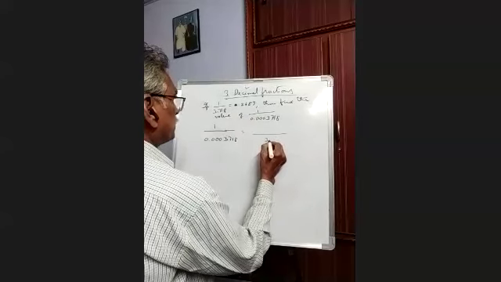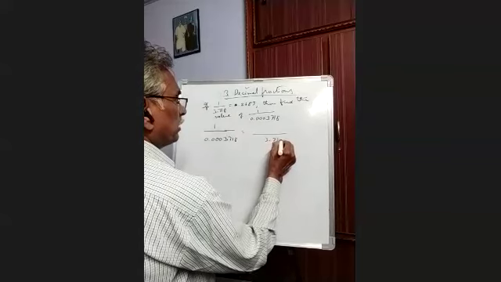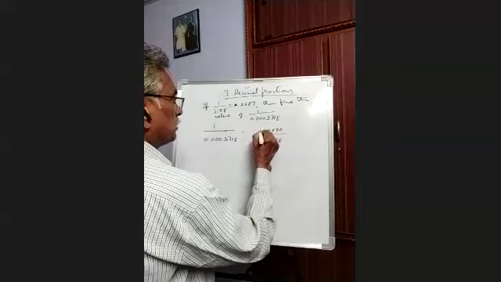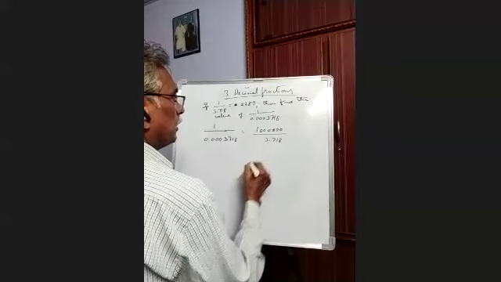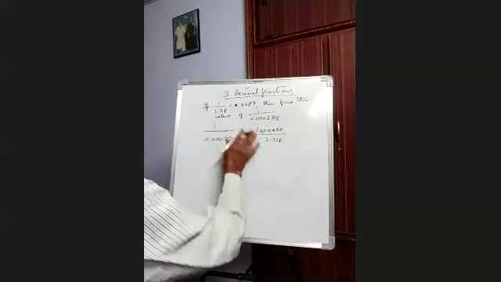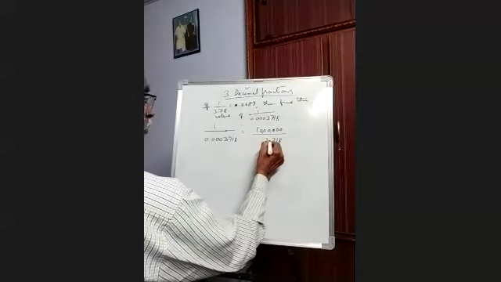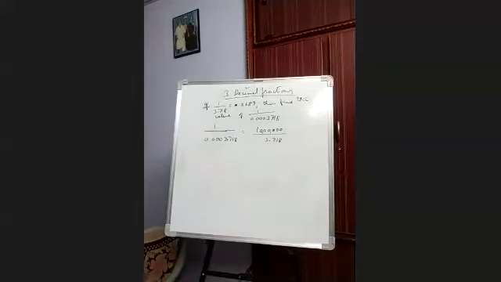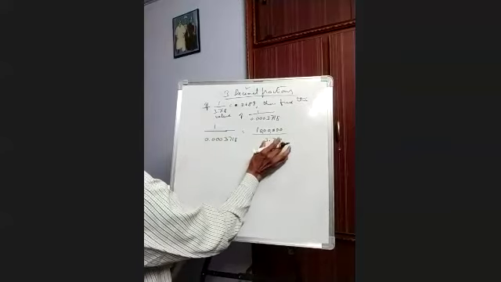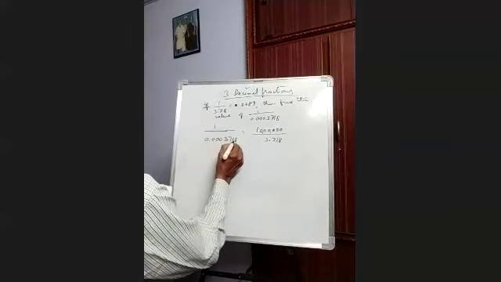If you shift 6 places towards right, you will get 3.718. 6 places means 6 zeros. 1, 2, 3, 4, 5, 6. Multiply by 10 lakhs, so numerator and denominator, you will get 10 lakhs by 3.718.